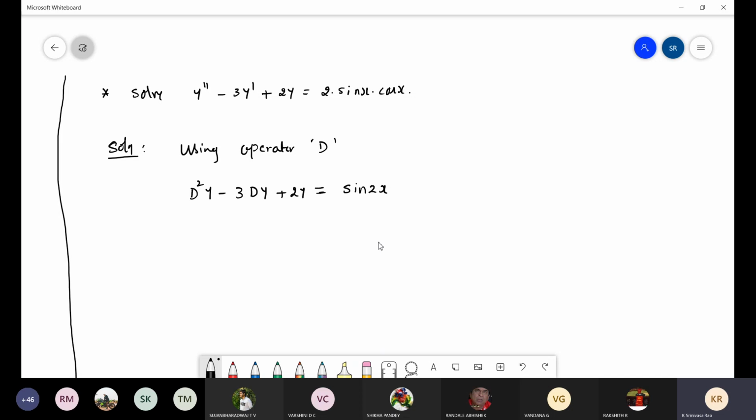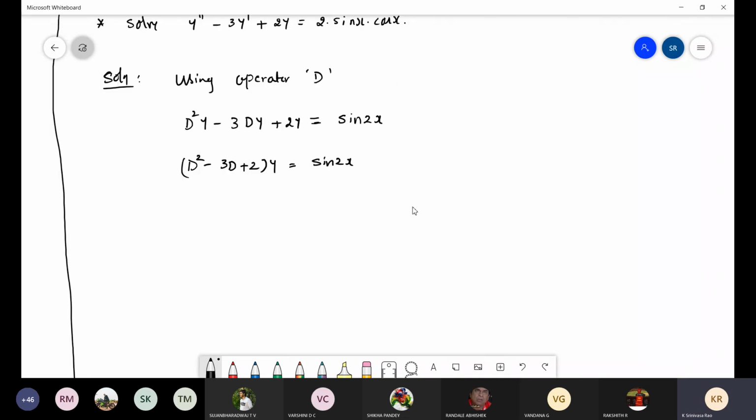Take y common, you will get d square minus 3d plus 2 into y equals sin 2x. Now the auxiliary equation: m square minus 3m plus 2 equals 0.